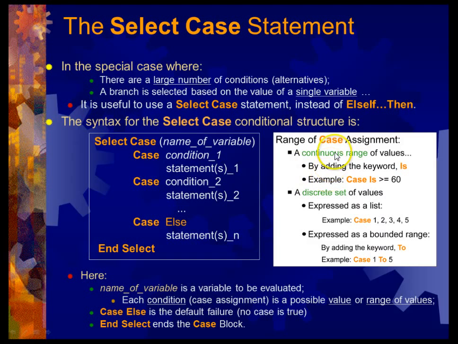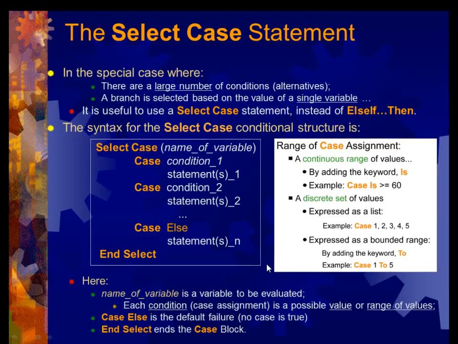Now remember, when you're talking about score being a continuous variable, you have to change this not to case, but to case is. Okay, so let's see how this could be done.